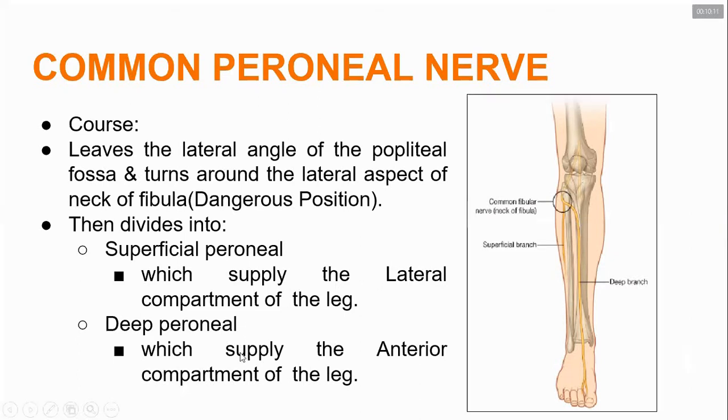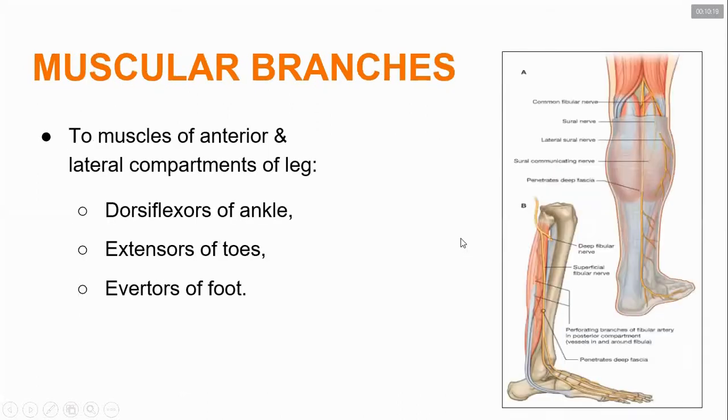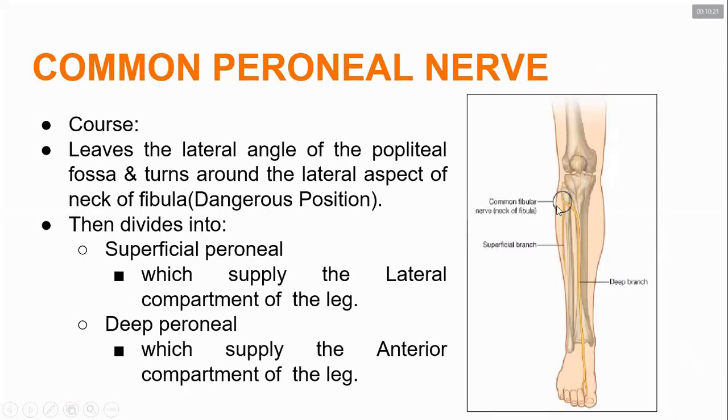The deep peroneal nerve will supply the anterior compartment of the leg. The superficial peroneal nerve will supply the lateral compartment of the leg. So what happens? This common peroneal nerve passes between two muscles, biceps femoris and the lateral head of gastrocnemius.